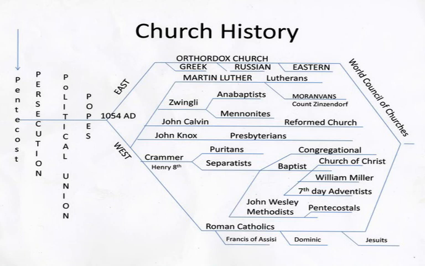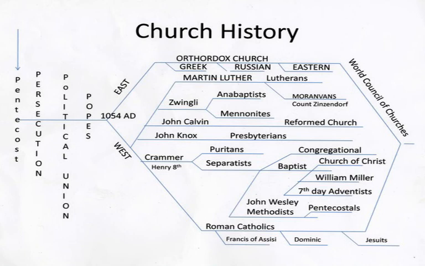We have Greek Orthodox, Russian Orthodox, and Eastern Orthodox. We have another great schism in the West with the Protestant Reformation by Martin Luther in 1517, nailing the 95 Theses to the door of the Wittenberg Church. Martin Luther founded the Lutherans.